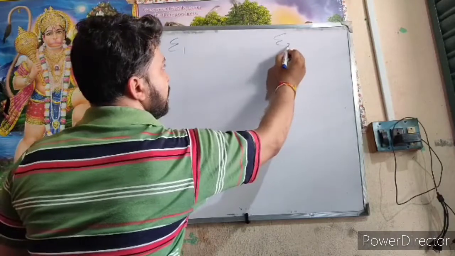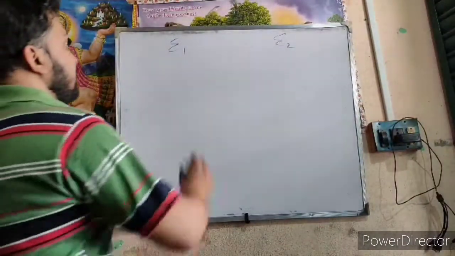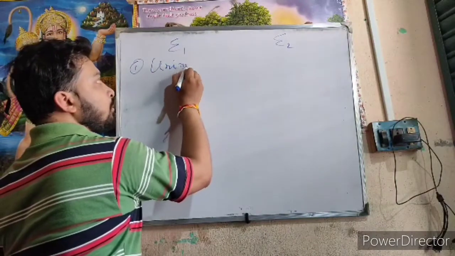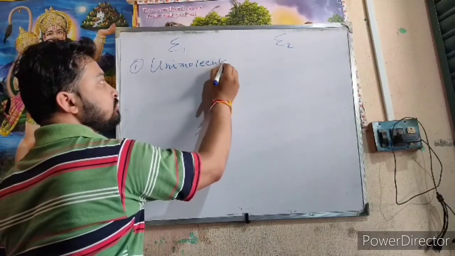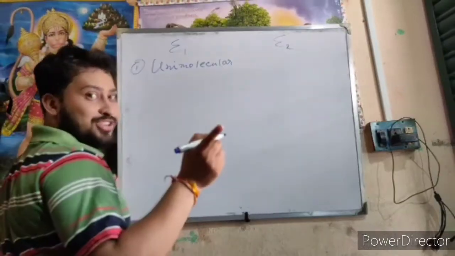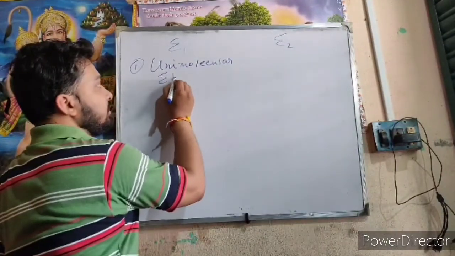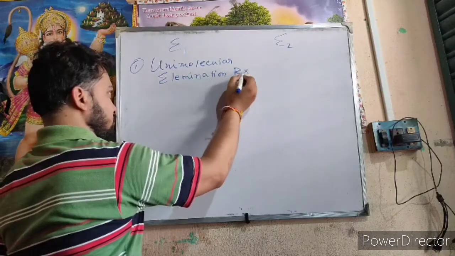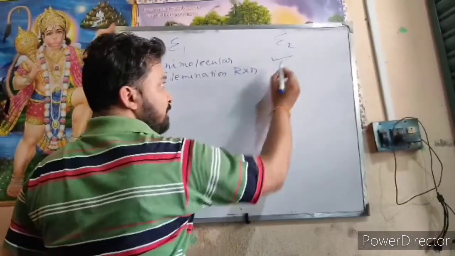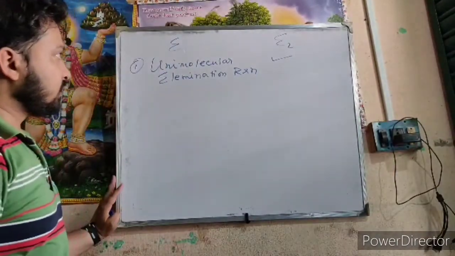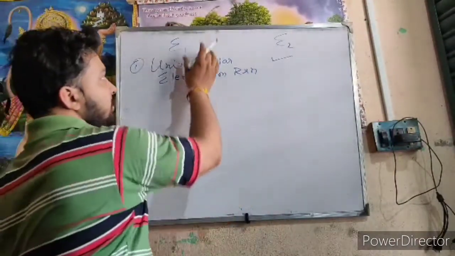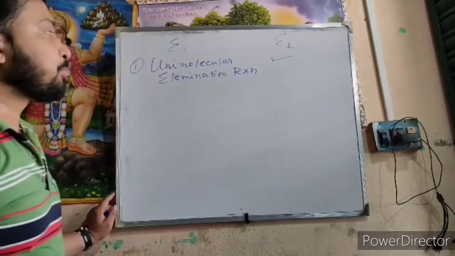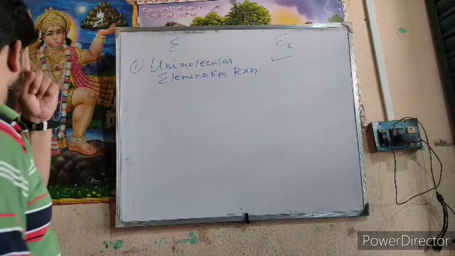The first point: E1 is unimolecular elimination reaction, not substitution, and E2 is bimolecular elimination reaction.